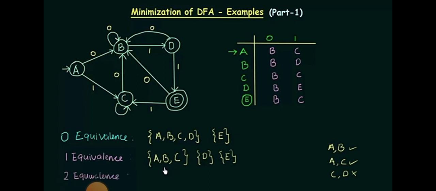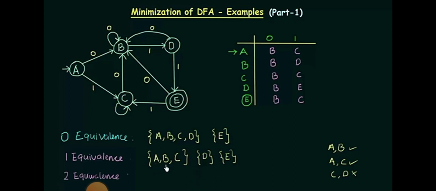First, check A and B. A and B, when getting the input of 0, go to B, so there's no problem. A and B, when getting the input of 1, go to C and D. Now check if C and D belong in the same set or not. As you can see, C and D are not in the same set.